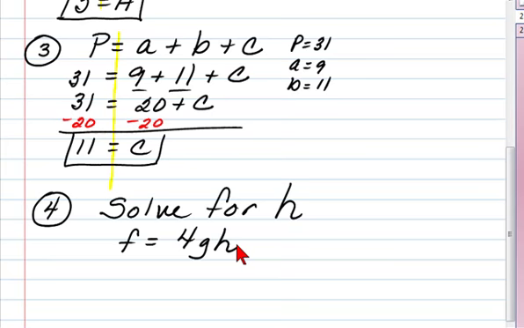And I don't give you any other numbers. Okay? And we're just like, well, then I can't do this one. Yes, you can. What you have to do is treat everything except the h as a number, even if it's not a number.